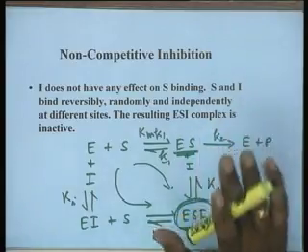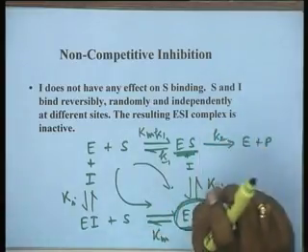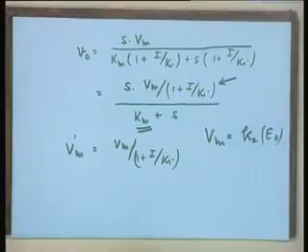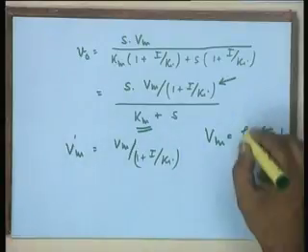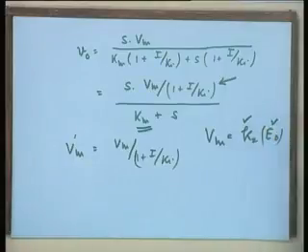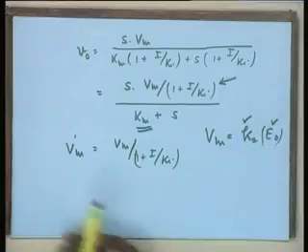So, the net effect on the maximum reaction rate is experienced, but mind you, it does not influence the k2 value, the turnover number, because as we know, Vm is essentially k2 into E naught. Here, E naught corresponds, in the presence of a non-competitive inhibitor, to that fraction of the total enzyme which is in the form of ES. The ESI complex is functionally inactive, and therefore the k2 is not altered; it is the E0 which is modified or reduced by a factor of 1 + I/Ki.